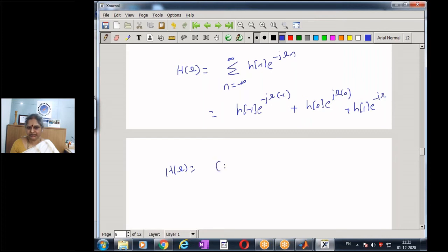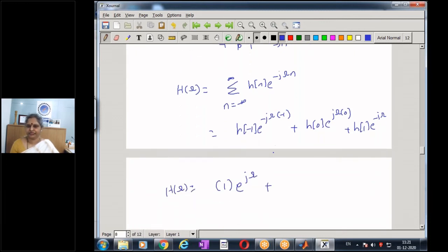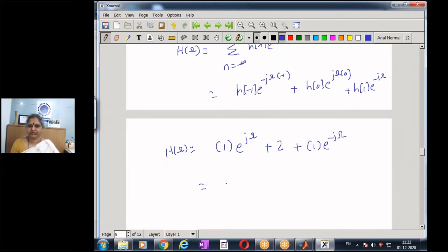my h of minus 1 is a 1, e to the power of j omega. h of 0, as per the example that we are considering, is a 2. So I take it as 2 e to the power of j0, which is a 1, plus h of 1 is again given as 1 and e to the power of minus j omega, which now becomes 2 plus e to the power of j omega plus e to the power of minus j omega.